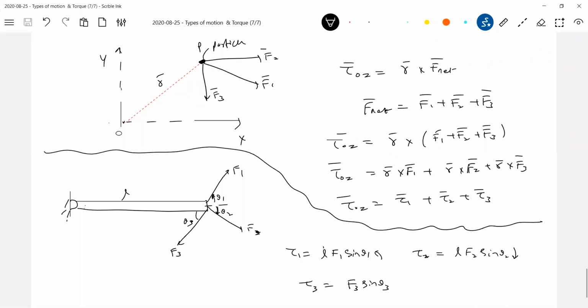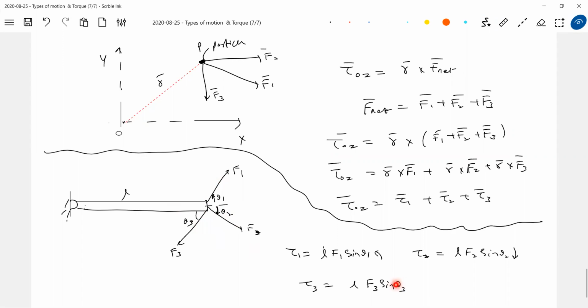So here F3 sine θ3 will set up a torque, no? L F3 sine θ3. F3 cos θ3 will intersect the axis of rotation. F1 cos θ1 will intersect the axis of rotation. F2 cos θ2 will also intersect the axis of rotation. So only the vertical components of these forces will set up torque.